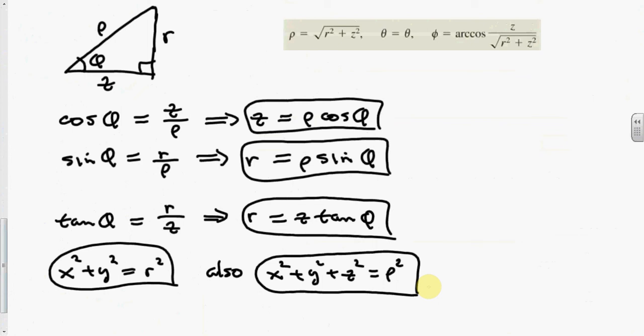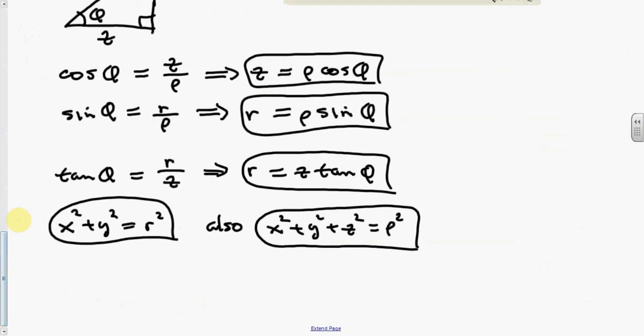When I want to get this angle phi by itself, I'm going to use the cosine. The reason we're going to use cosine is because z is already in the rectangular coordinate, and I can express this rho as the square root of x squared plus y squared plus z squared. See that rho is equal to the square root of x squared plus y squared plus z squared.